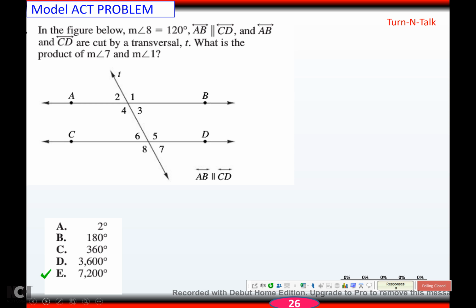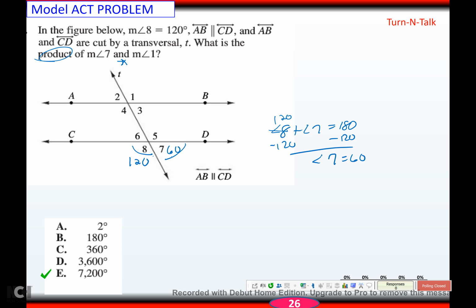It says in the figure below, the measure of angle 8 is 120. AB and CD are parallel, cut by a transversal T. What is the product? So they're telling me to multiply the measure of angle 7 times the measure of angle 1. Well, if this is 120, angle 8 plus angle 7 has to add up to 180, and I know this is 120, subtract 120, and I get angle 7 has to equal 60.